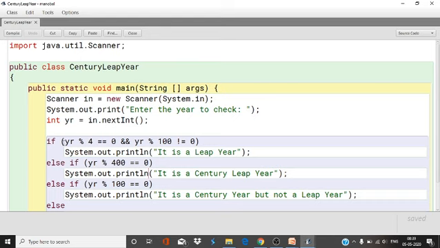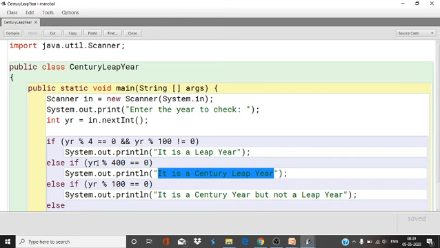for the leap year, it should be divisible by 4 and it should not be divisible by 100. The condition for the leap year: it should be divisible by 4 but not by 100, then it is a leap year.